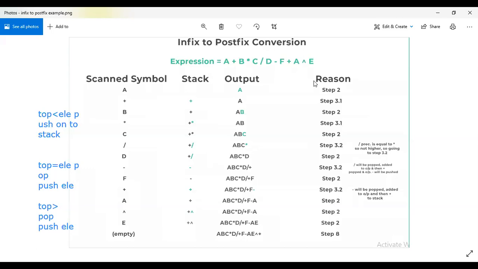Execute it by using the steps in the algorithm. Keep the algorithm on the right side, and apply the algorithm steps according to the symbol that I scanned.